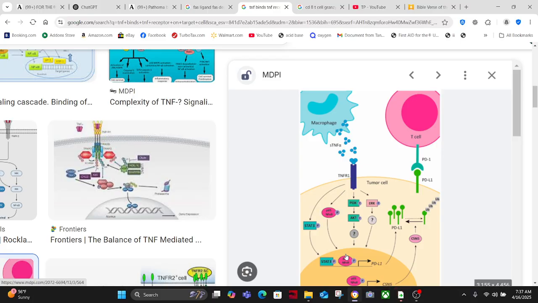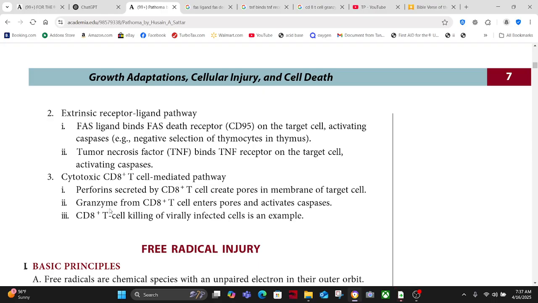So that's that. And then next we have the third way that apoptosis happens, which is the cytotoxic CD8 positive T cell mediated pathway. This one is the easiest one to remember.